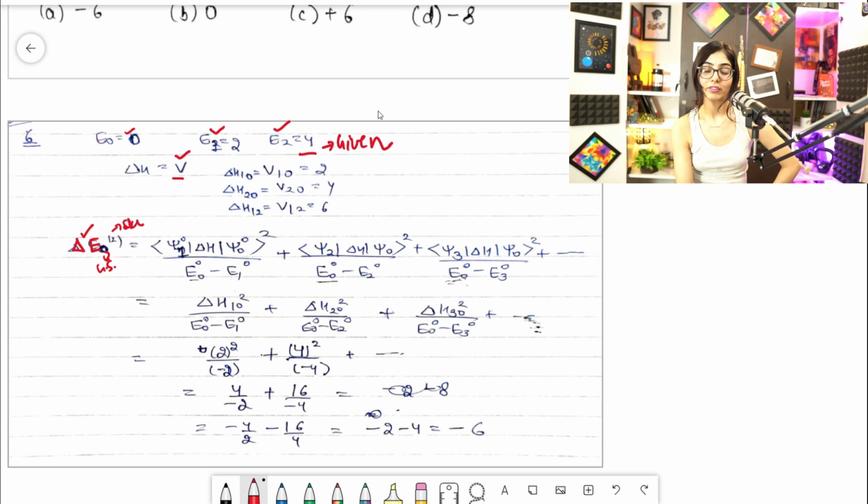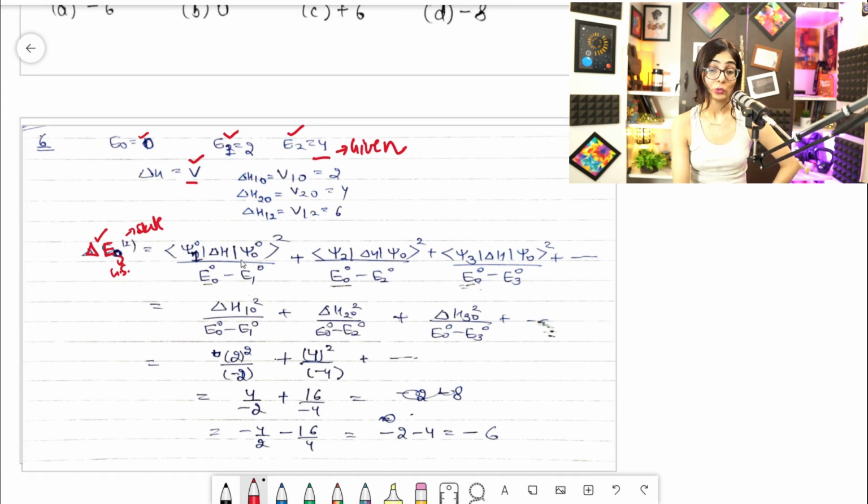Clear? And that is the formula. So yeah, you know how to write it. If it is 0, fine. So you'll first find the pairs. You'll write 0 with 1, 0 with 2, 0 with 3, whatever it is, fine. So you'll write all the possible pairs. So just write it down.